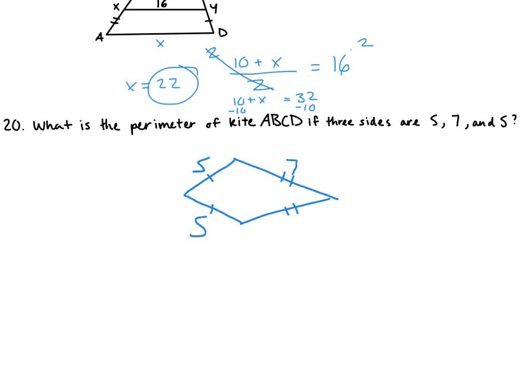What does our 4th side have to be? 7. And how do we find the perimeter? Add them all together. So we add 7 plus 5 plus 5 plus 7, and what do we get? 24. Any questions?